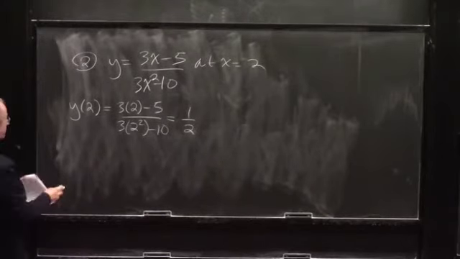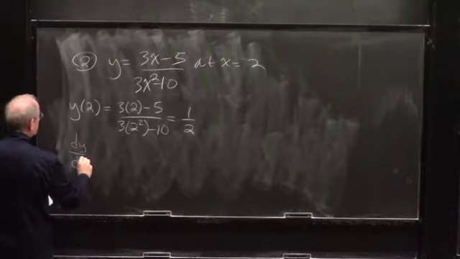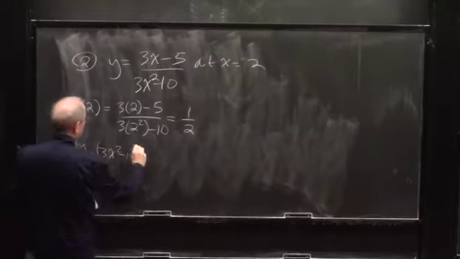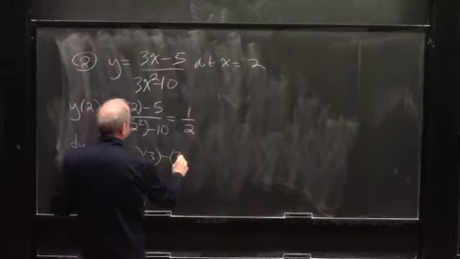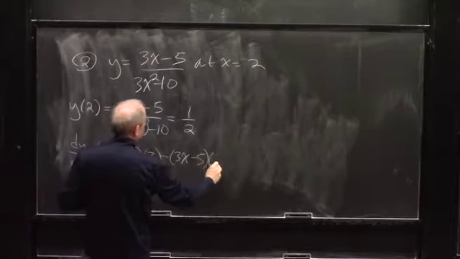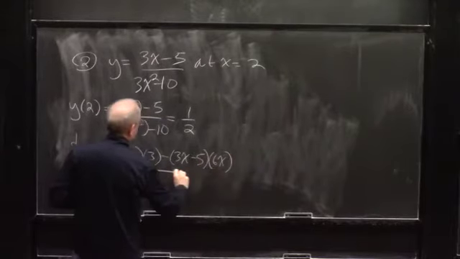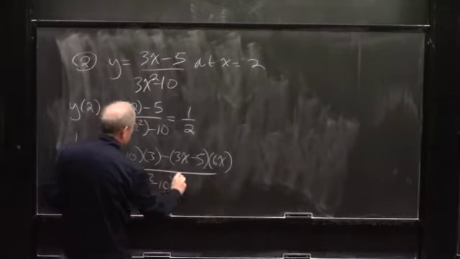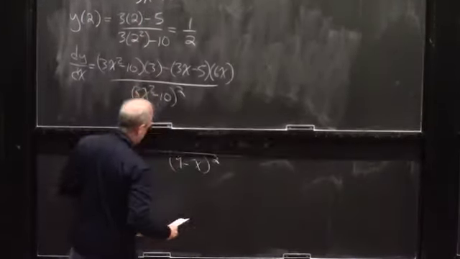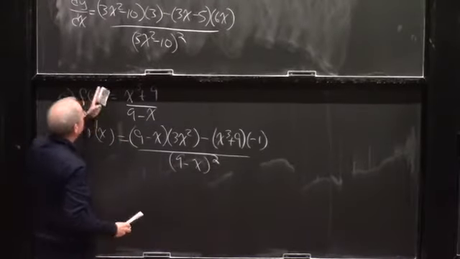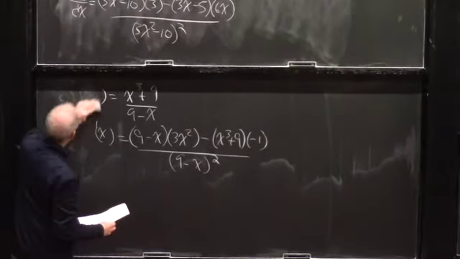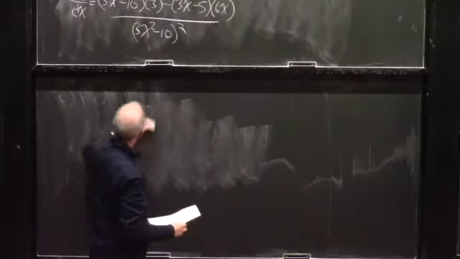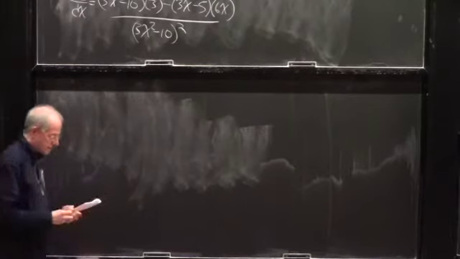Now I have to find the derivative. Derivative, we do low d high minus high d low over low squared. Okay.